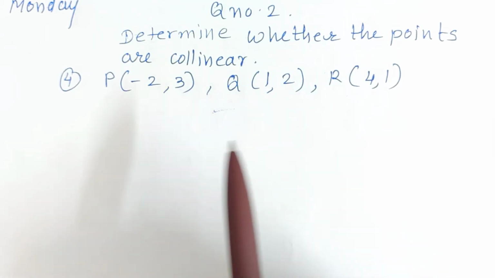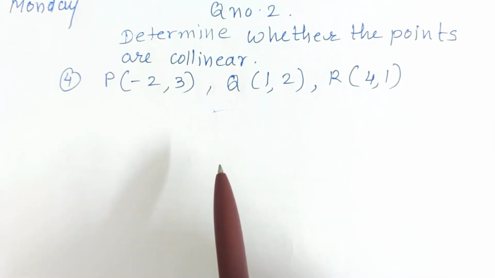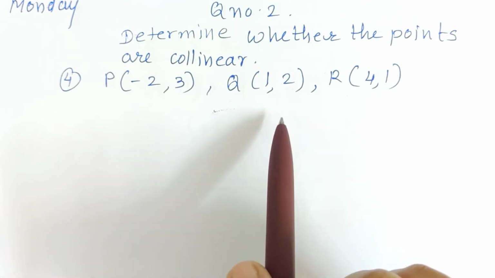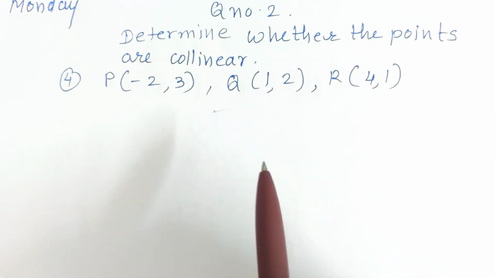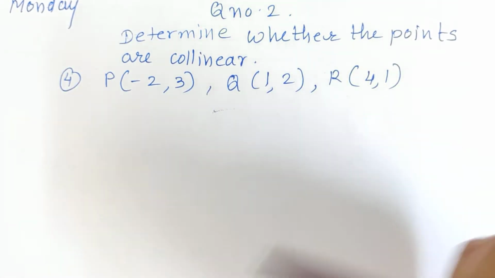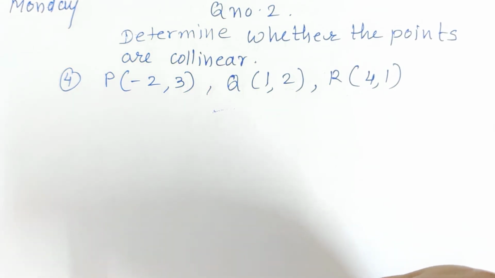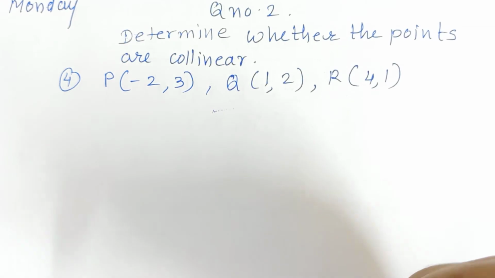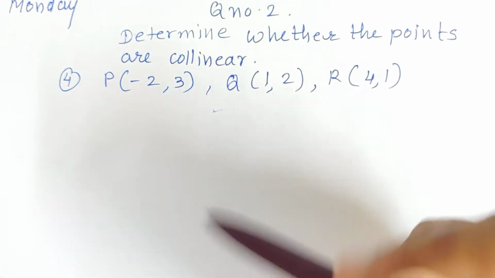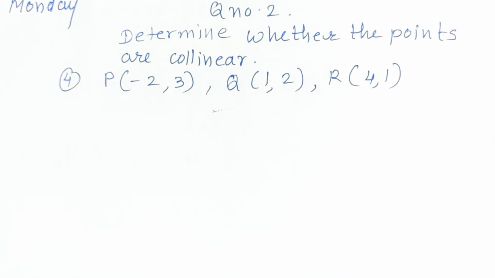If the sum of any two segments is equal to the third, then you can say the points are collinear. If the sum of the distances of two segments is not equal to the distance of the third segment, then you can say the points are not collinear. So we will see this example.